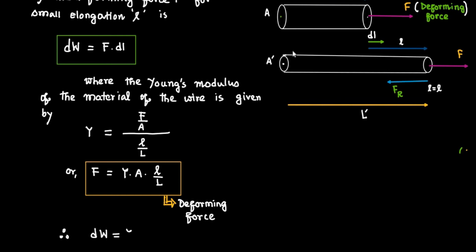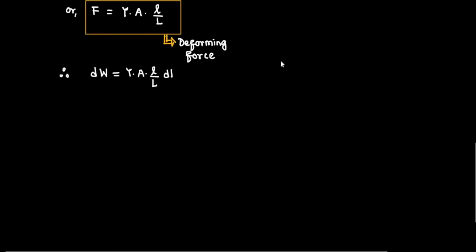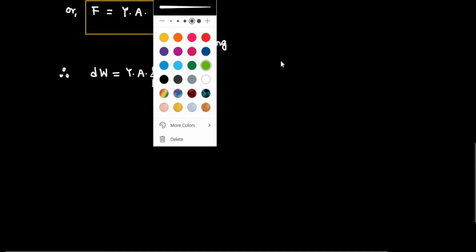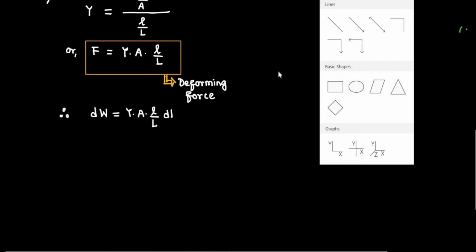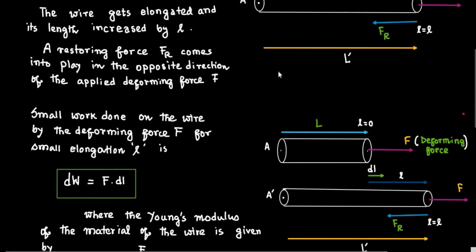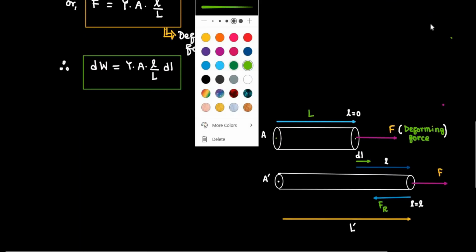Therefore dW equals Y A l by L dl. Putting the expression of deforming force F in the expression of dW, we get dW equals Y A small l by capital L into dl.